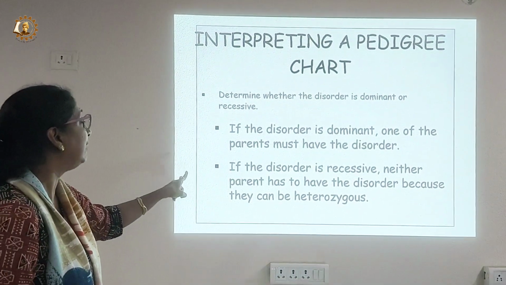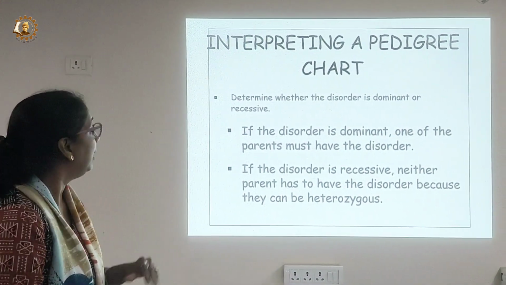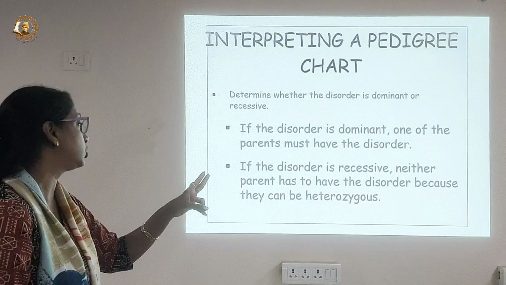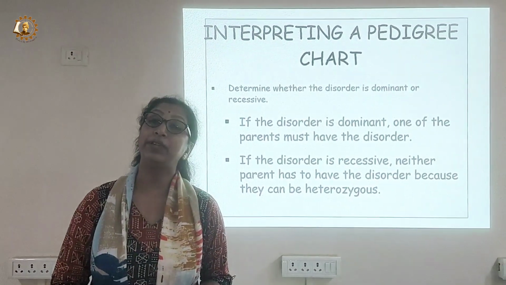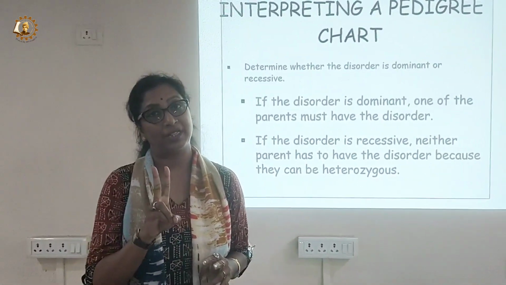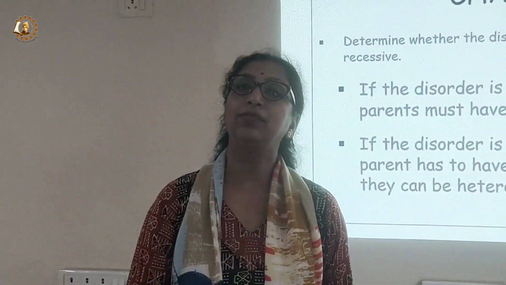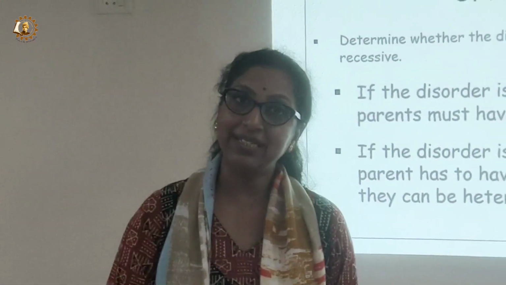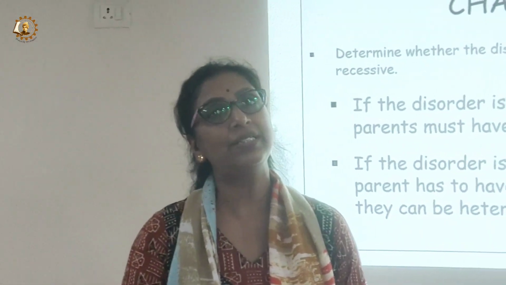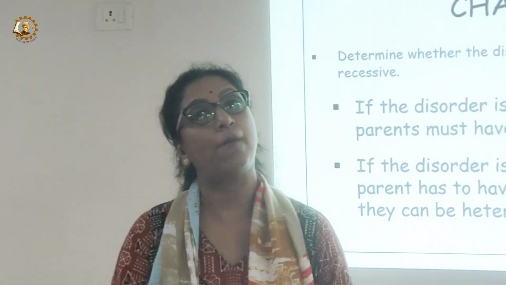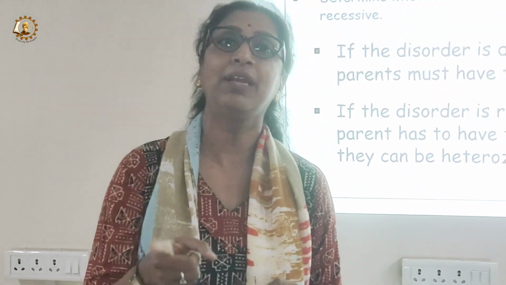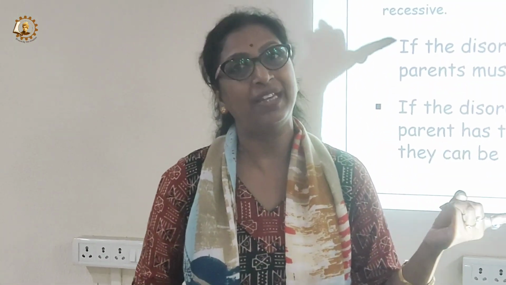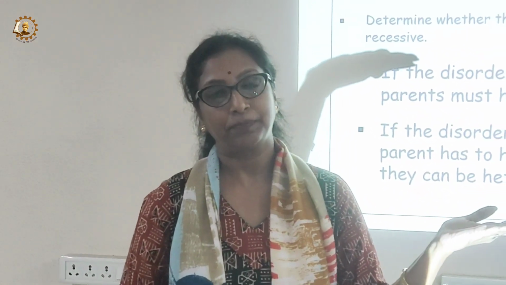And the next one, if the disorder is recessive, neither parent has to have the disorder because they can be heterozygous. In case of a recessive pedigree, there are two options. Either one of the parents is homozygous recessive, so obviously the offspring will have one recessive allele from that parent and the normal or dominant allele from the other parent.